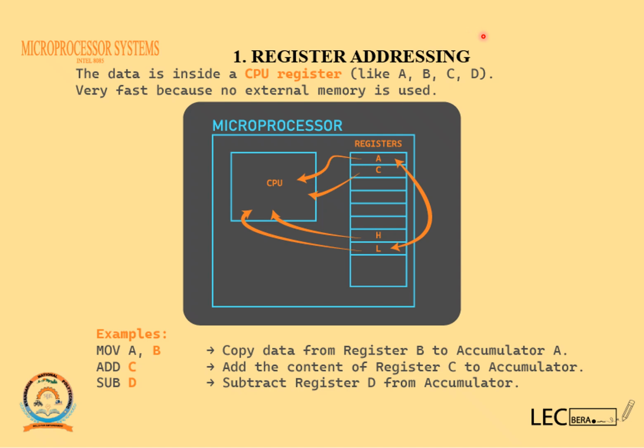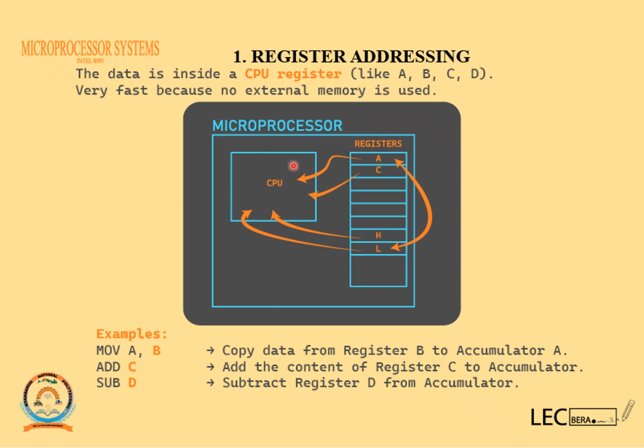So number one of these addressing modes is the register addressing. In this register addressing, remember that the data which is the operand, the data which we are working on, is found inside what? The registers. So this instruction, most of the time, is either moving data between the register and the CPU.